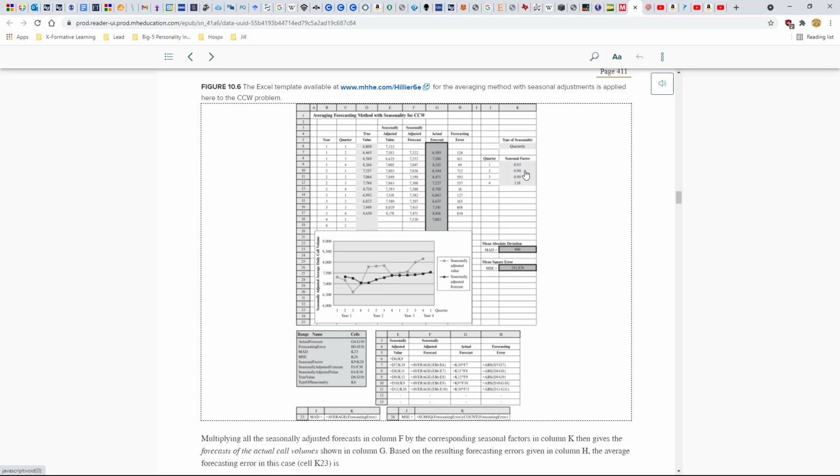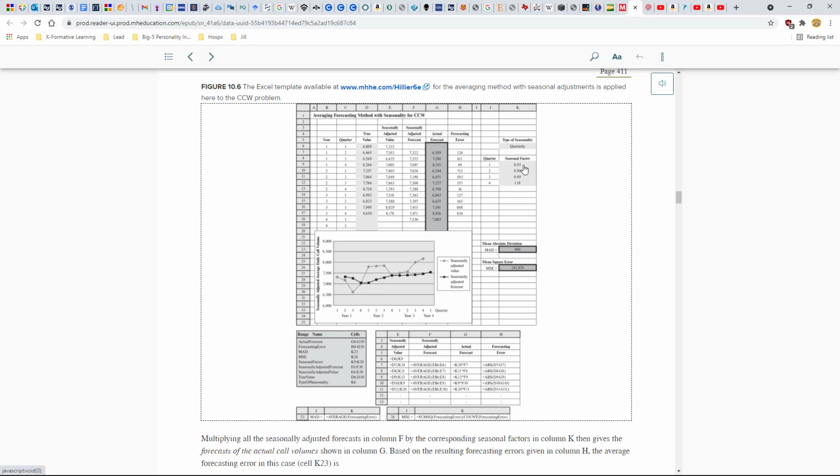Quarter two is 0.9. The average of all Q2s is 0.9. The average of all Q3s is 0.99, which is virtually 1. So it's pretty much the overall average. Okay, so for quarter four, the factor is higher because the first two numbers are lower than 1, and we need something to balance it out.